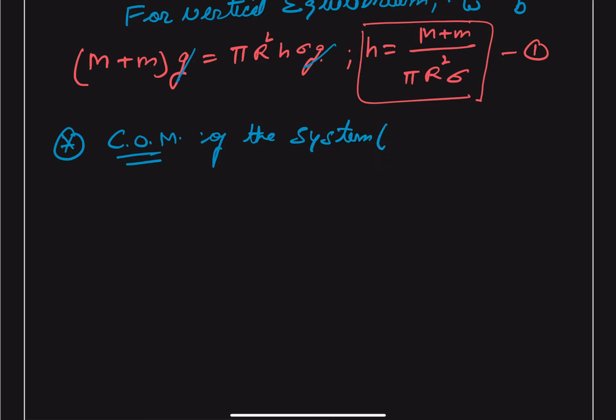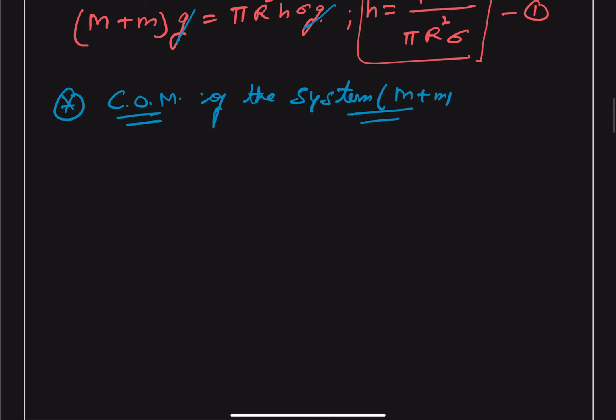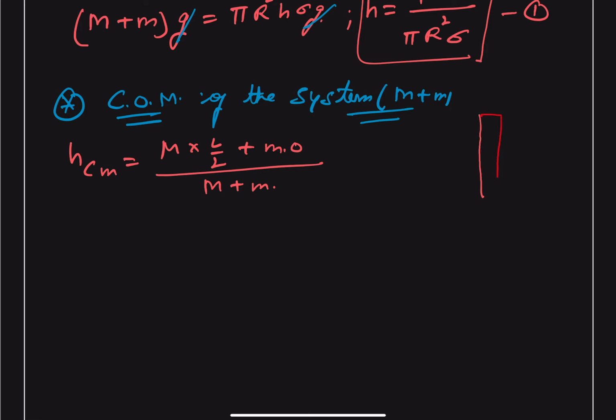So we can write that the height of the center of mass, HCM, will be equal to, and we have its basic formula, that is capital M multiplied by the length L by 2, plus small m multiplied by 0, and divided by M plus small m.